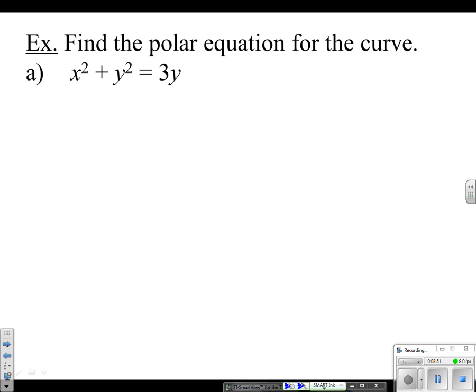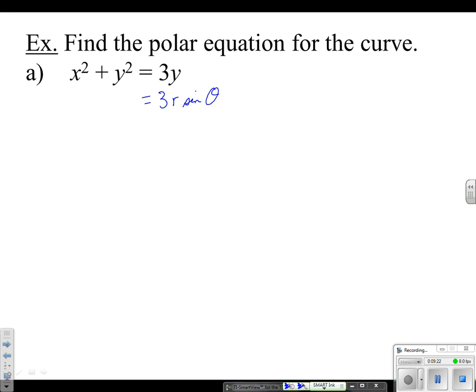We can also talk about going back and forth between Cartesian equations and polar equations. Here we have x squared plus y squared equals 3y. And we're going to basically switch back and forth between the variables by substituting. Now, I could just say, okay, change all the x's to r cosine theta, change all the y's to r sine theta, and that's fine. And in fact, I'll do that on the right side. 3y becomes 3r sine theta.